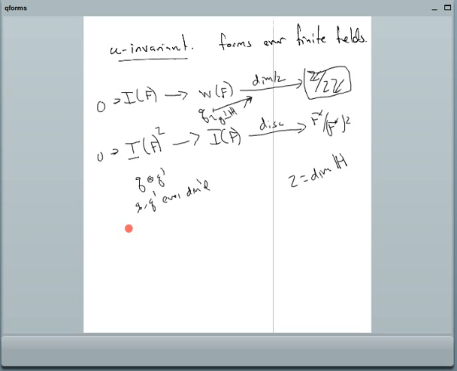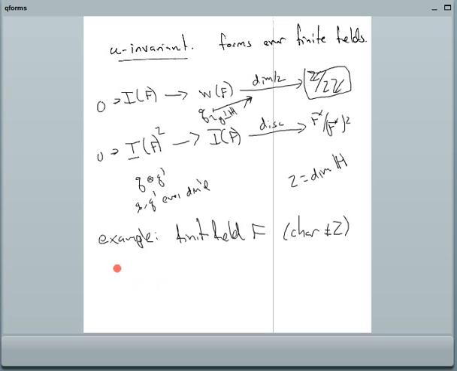Okay, so it turns out that sometimes this is enough information to really tell you everything you'd like to know. One example when this is enough is, let's say, for a finite field. So F is a finite field, of characteristic not 2, but any other characteristic is just fine.